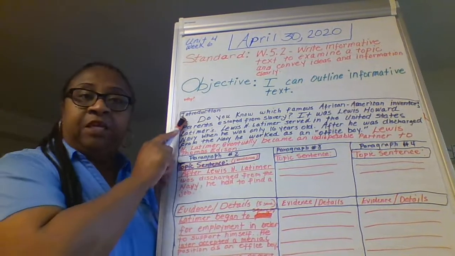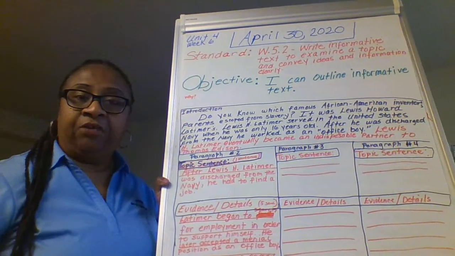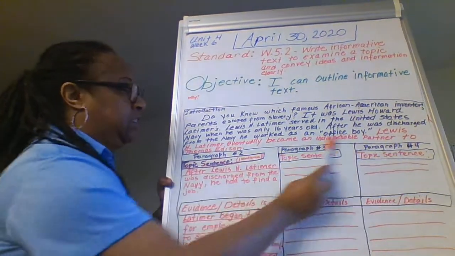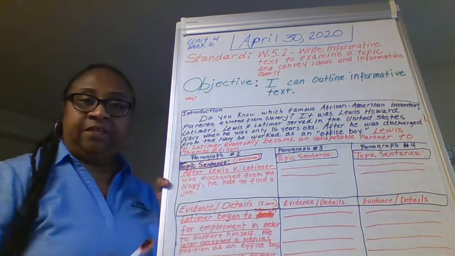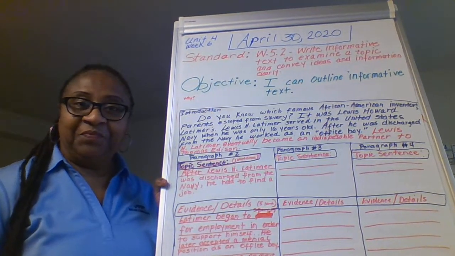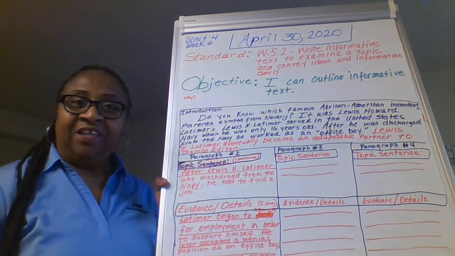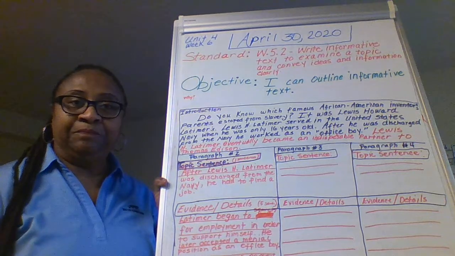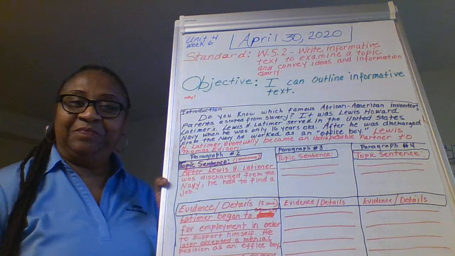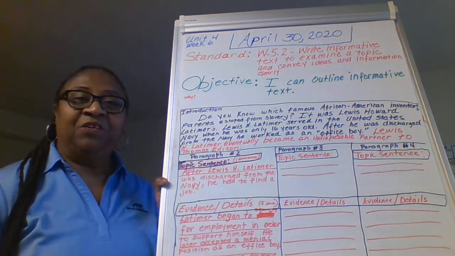Now, let's look at my introduction paragraph. Who can tell me why this last sentence is written in a different color? Okay, let's call on Chloe Jones. Very good, Chloe.